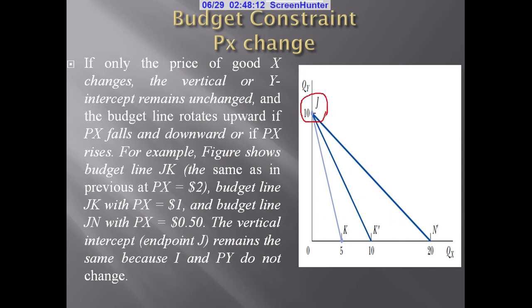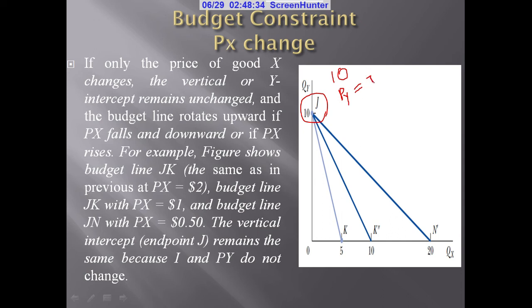There is no change. The individual is still able to buy 10 units of commodity Y with the given income of $10 and the price of Y equal to $1, because these two remain unchanged.